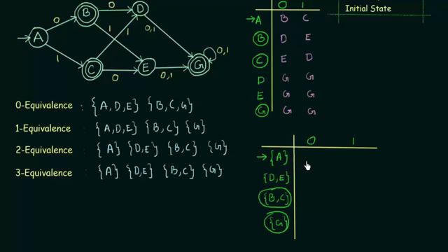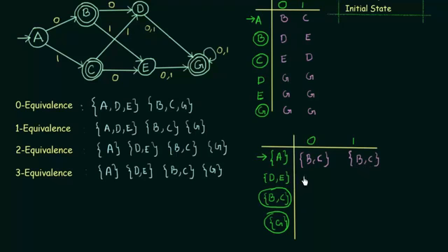A on getting input 0, where does it go? It goes to B. So instead of B, what should we write? We should write BC. And on input 1, where does it go? It goes to C. Instead of C also, we have to write BC because C is contained in BC.